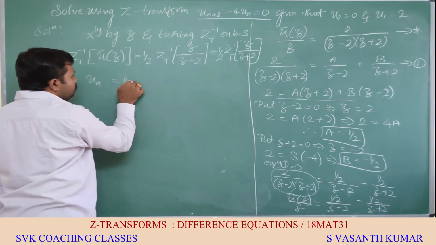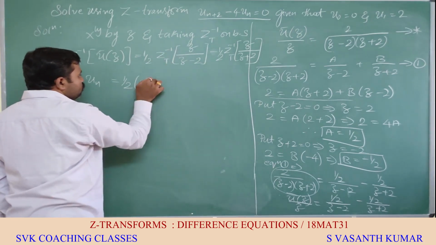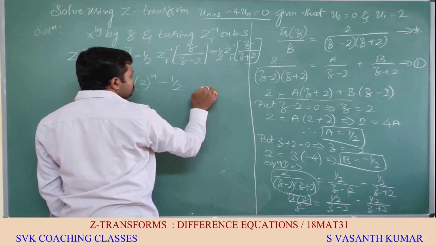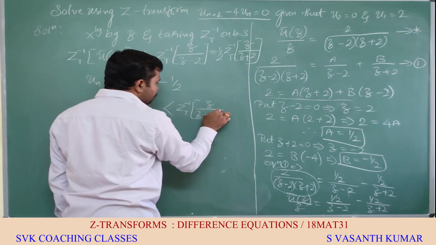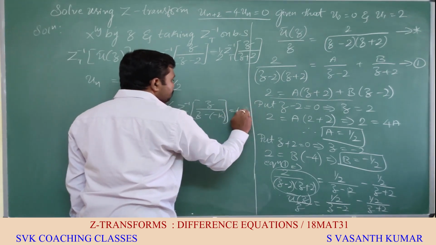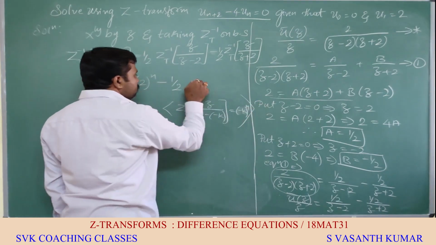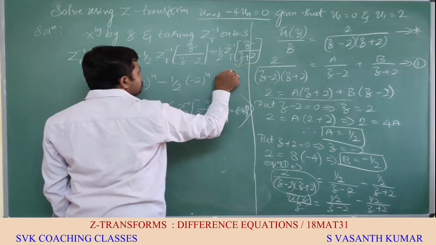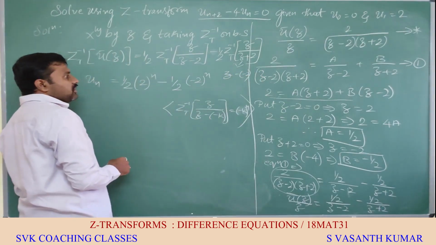Un is equal to 1 by 2 times ZT inverse of z by z minus 2, which is 2 power n, minus 1 by 2 times ZT inverse of z by z minus of minus k, which is nothing but minus k power n. So applying this definition here, we get minus 2 power n, as I am considering that value as z minus of minus 2.